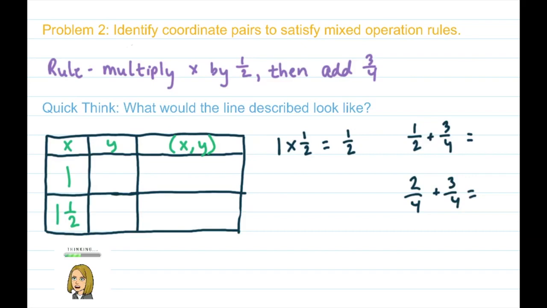So I have 2/4 plus 3/4, which is equal to 5/4. I also know that 5/4 is a fraction greater than 1. So if I wanted to put that into simplest terms, I could make that 1 and 1/4. So the coordinate pair for y would be 1 and 1/4.